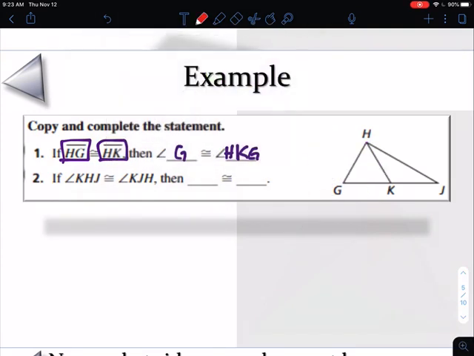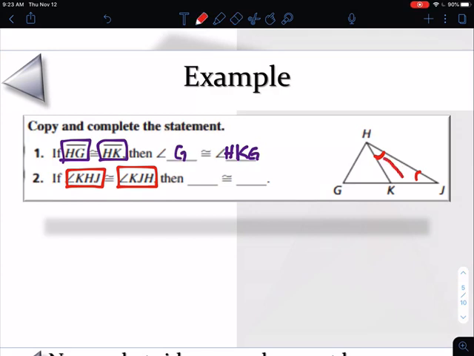Okay. Now in the second problem, it says if angle KHJ, so KHJ would be this angle right here, and angle KJH, so KJH would be this angle right here. When I look at those two angles, if those are the same, it wants to know which two sides must also be the same.